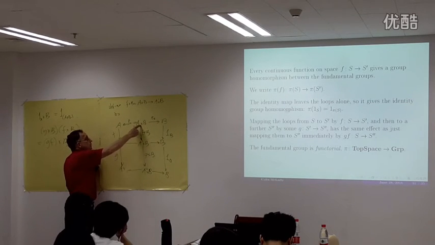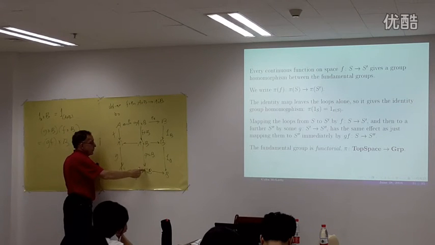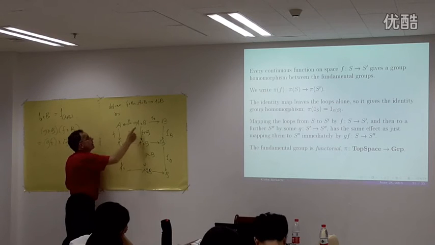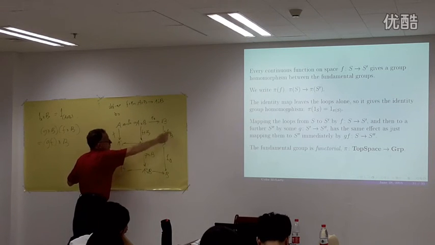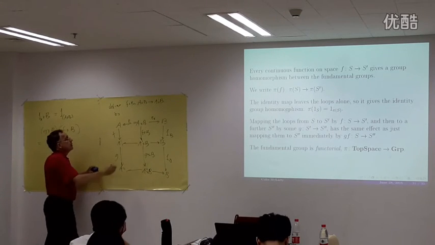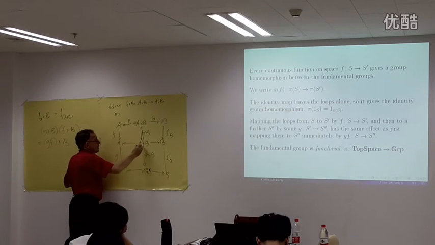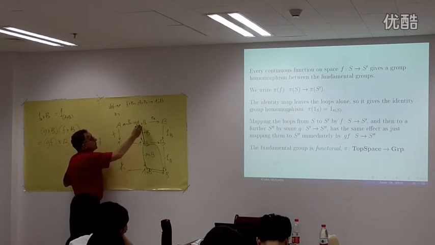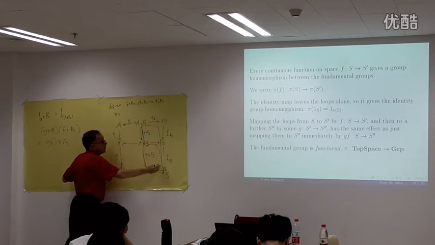What we'd like to know is that going down this whole thing and then over is the same as going across and over. And going down this whole thing and over there is the same as going across there and over. But going down here and over there, we know is the same as going down here and that way. And we know this is the same as going over there and then that way.